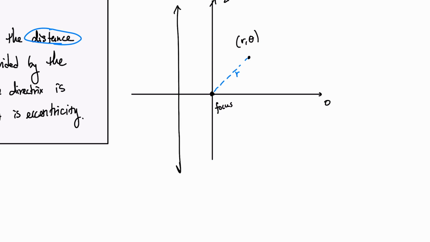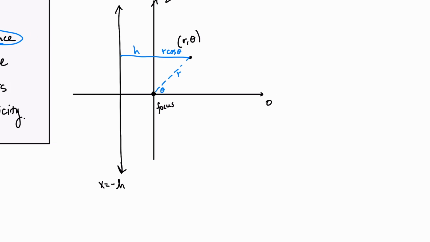So now let's consider a directrix. Let's say with the formula in rectangular x equals negative h, any number h. Then this distance over here is going to be r, that's theta, r cosine theta, and this is h. So now, the equivalent condition we're saying is r over h plus r cosine theta is equal to this mysterious eccentricity.